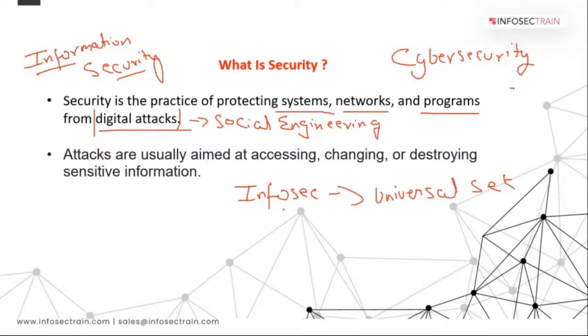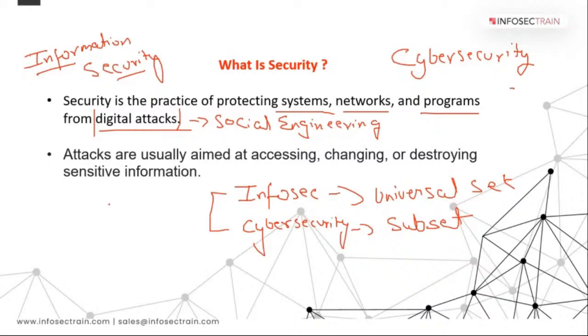That is information security. Cyber security, on the other hand, is a part of information security, so you can say it is a subset of information security. Clear, everyone? So this is the difference between information security and cyber security.